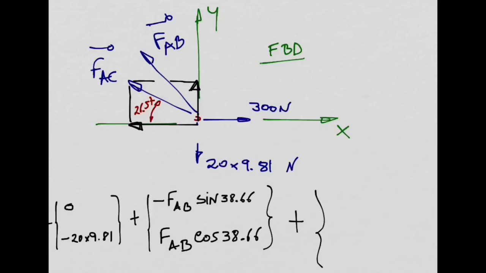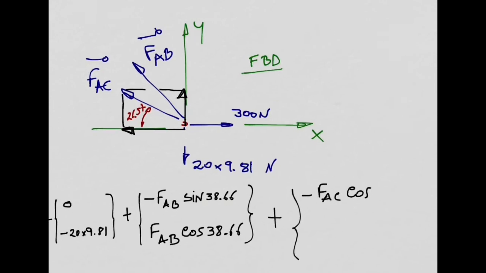So let's work the horizontal component first. Is it going to be positive or negative? Negative. So we have FAC now, which is the norm of the force in the cable AC, and I need to multiply this by what? Cos 26.57, right?